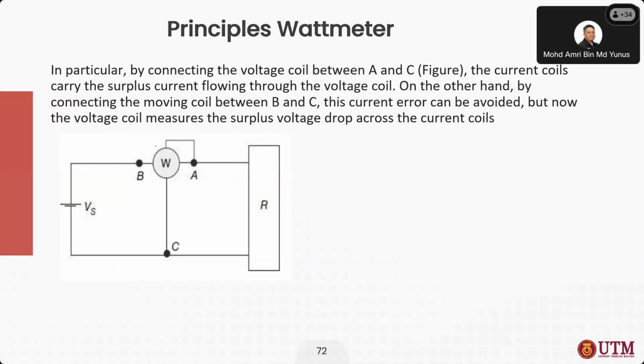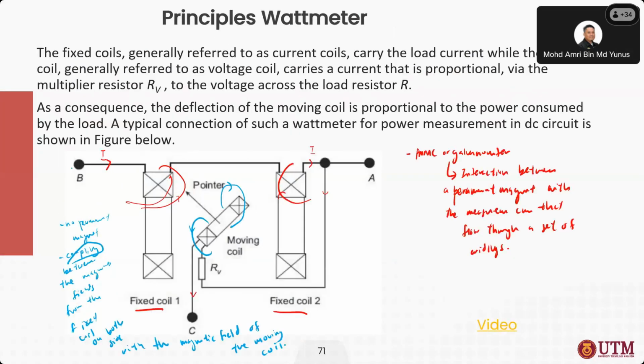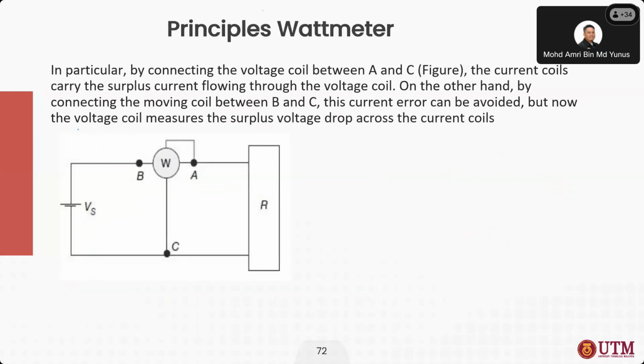So this is what it looks like for the ohmmeter, the connection. Here you can see this is B, A, this is C. So B is from the main current, and then split here to the shunt current, and then this is the current that flows through the load.